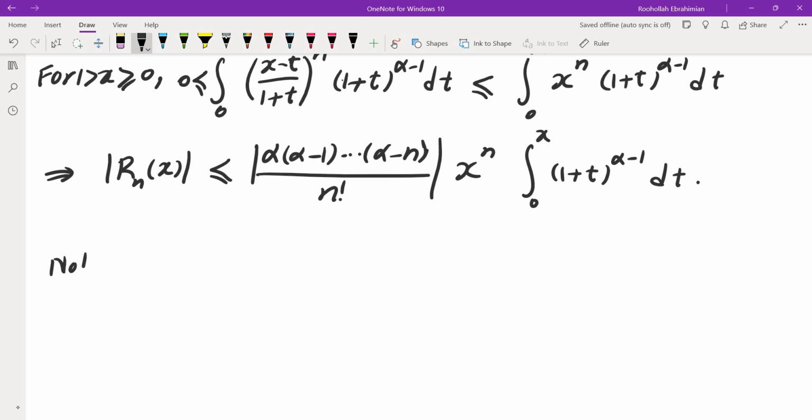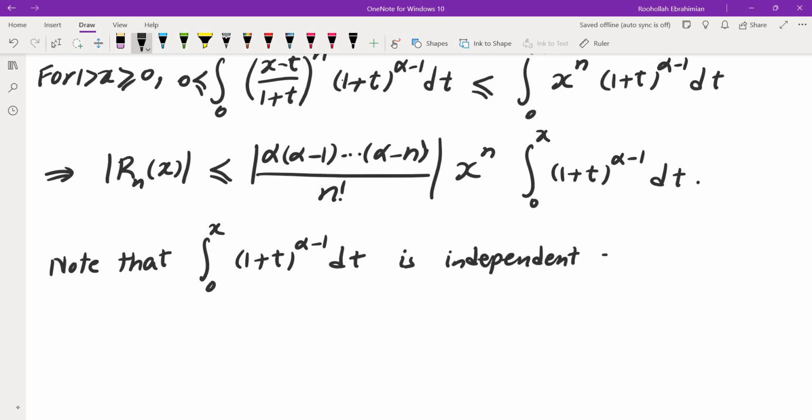So note that the integral from 0 to x of (1 + t)^(alpha - 1) dt is independent of n.